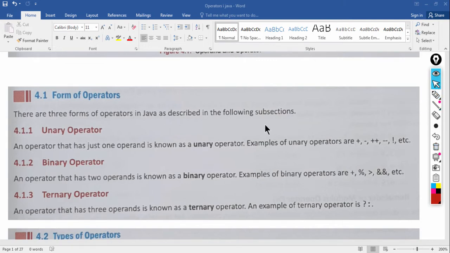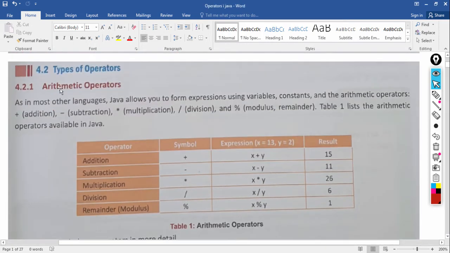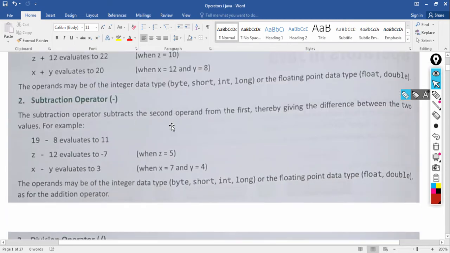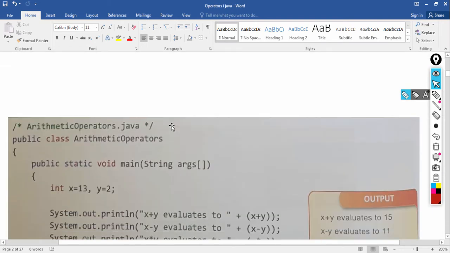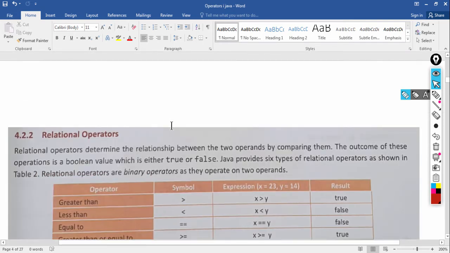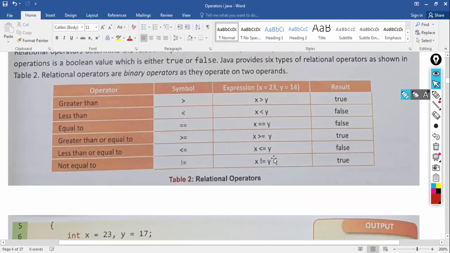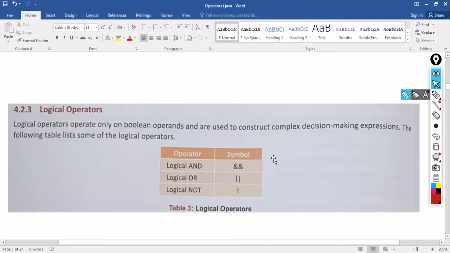So we are done with the forms of operators, that is unary, binary and ternary. Now let's look at the types of operators. What are the types? There are arithmetic operators, then relational operators, and then logical operators.